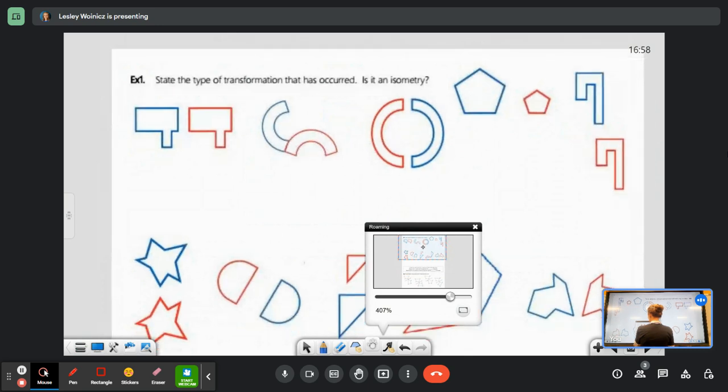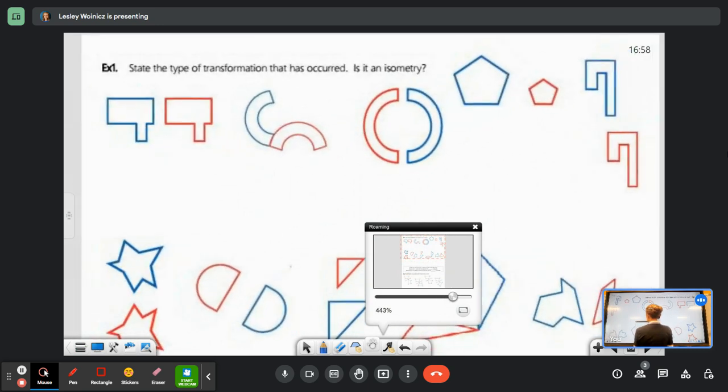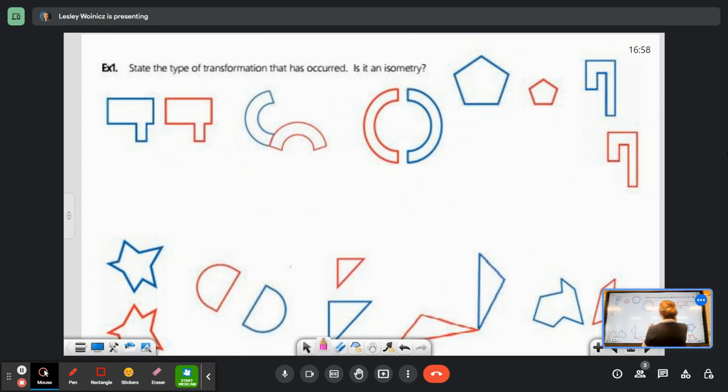Okay, so for each of these, we have to say what type of transformation and then tell if it's an isometry or not. For this, we'll say yes or no. And for the type of transformation, we will name it.